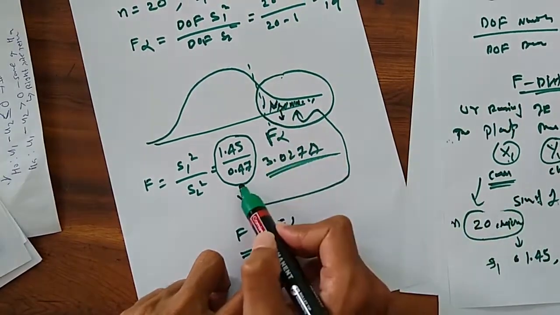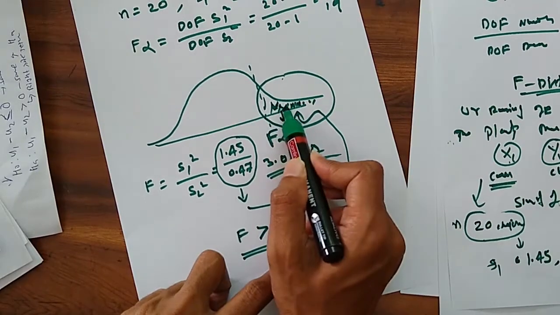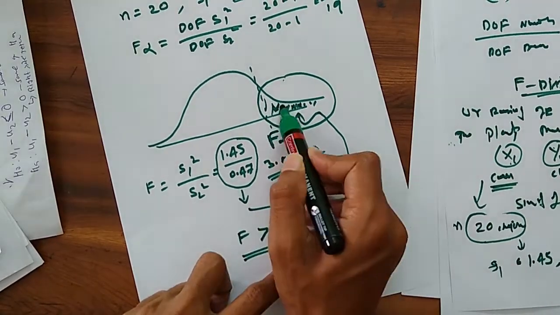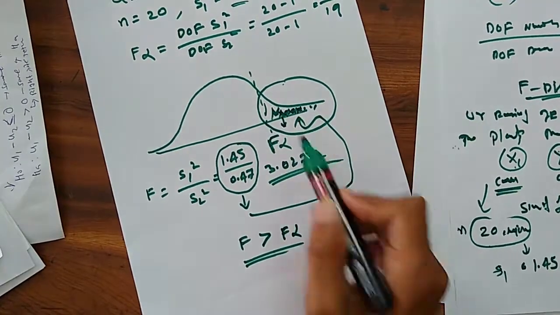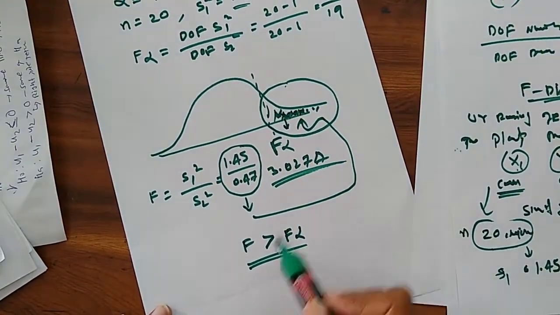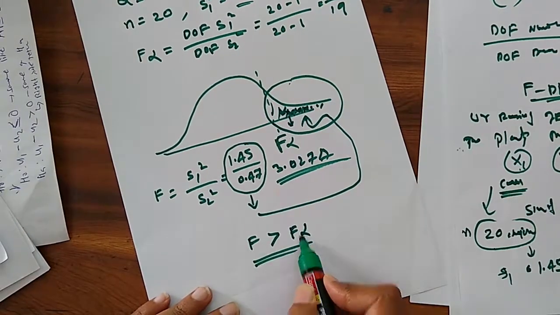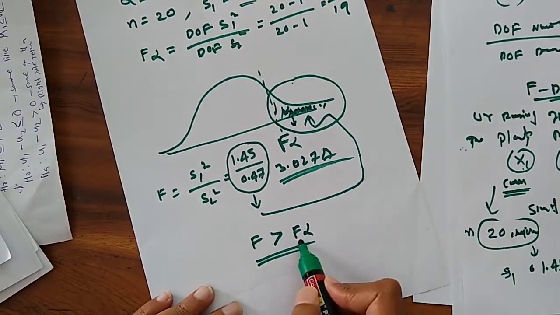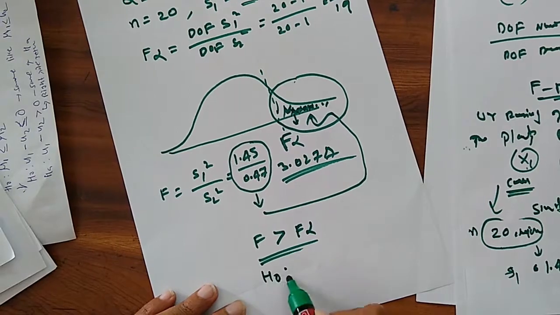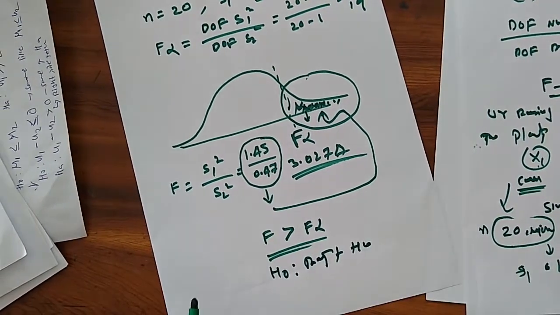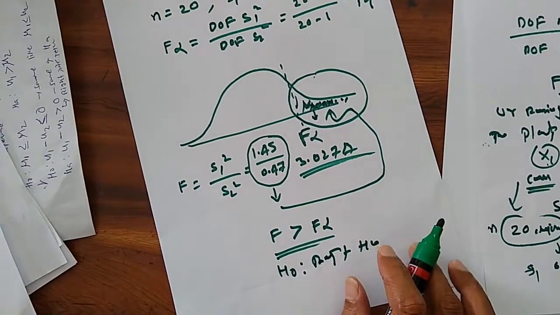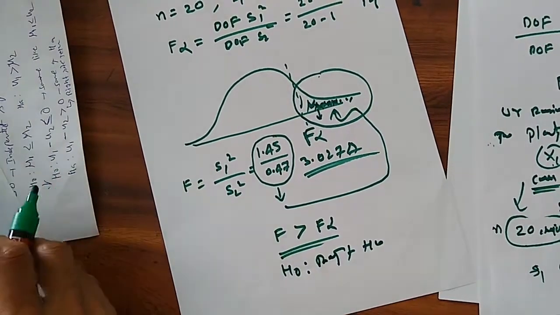That means the probability of occurrence of this value lies under here. That means f is greater than f alpha, right? So we will say we are rejecting our null hypothesis.